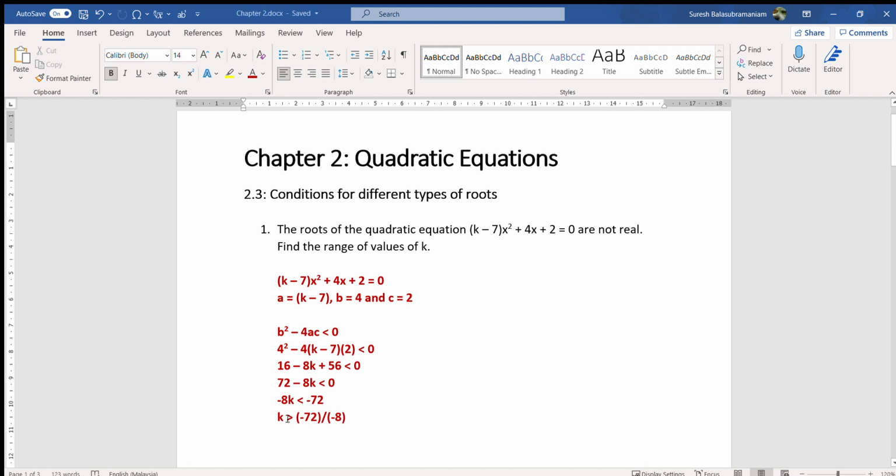So now it becomes more than. Previously it was less than, now it becomes more than. Okay, so I'll continue. So k is more than 9. Okay, so that's the final answer. Moving on.